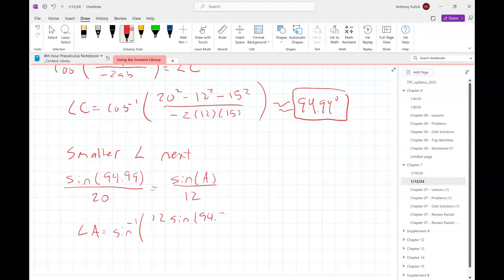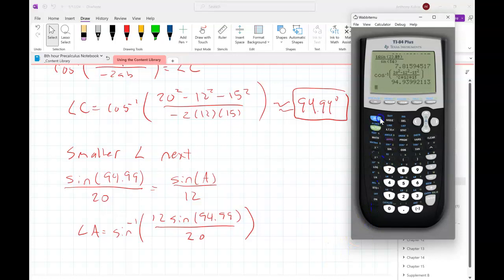All in one step. Is everybody okay with me just kind of shortcutting through some of that stuff? I think we were doing that at the end of last lesson. So there I get 36.71.